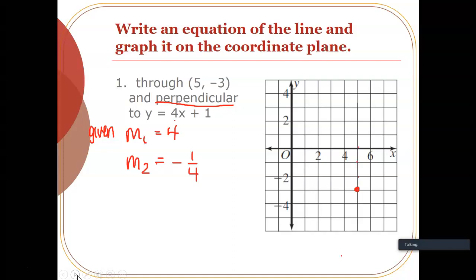So what that tells me is my graph is going to go down 1 and over 4, or up 1 and left 4.